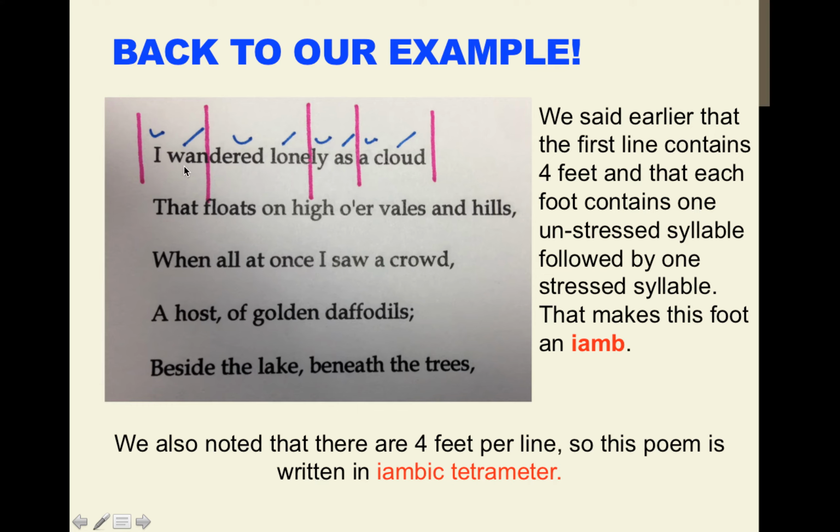So we have 1, 2, 3, 4. So we call that tetrameter. Okay? So there are 4 feet per line. So this poem is written in iambic tetrameter. And that's probably one of the most common meters that you'll see in poetry. Much more common even than iambic pentameter.